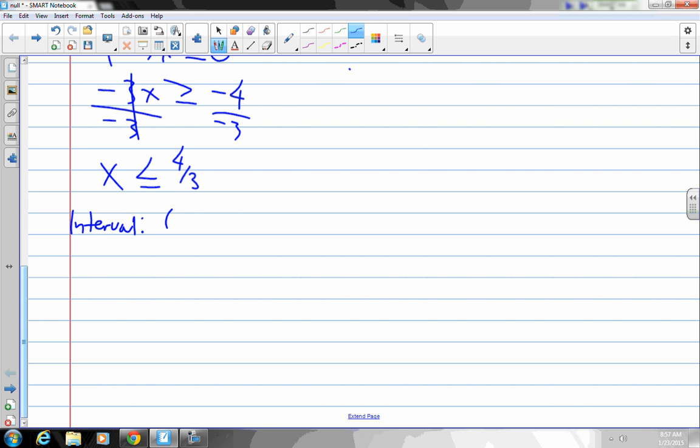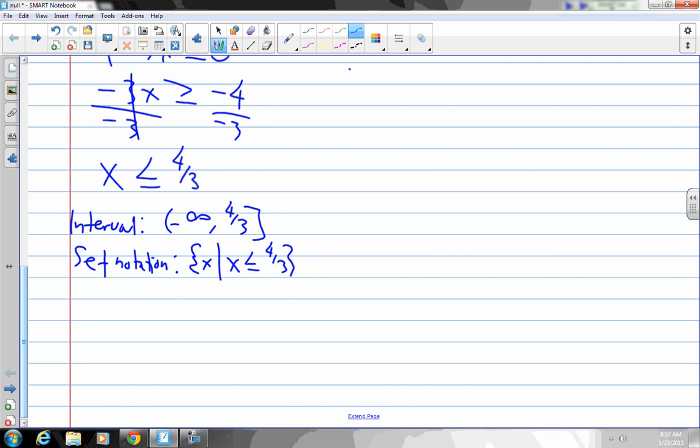That's from negative infinity to 4/3, including 4/3. Here is set notation. It is all x's such that x is less than or equal to 4/3, right? It's a fancy set notation, set builder notation.